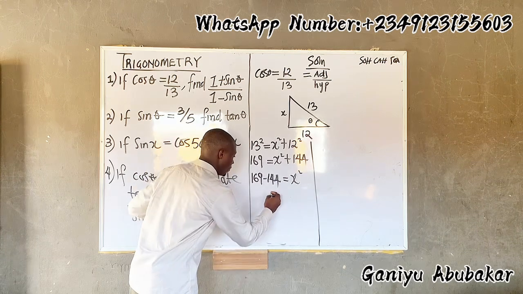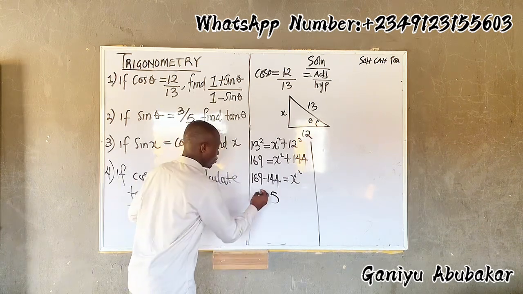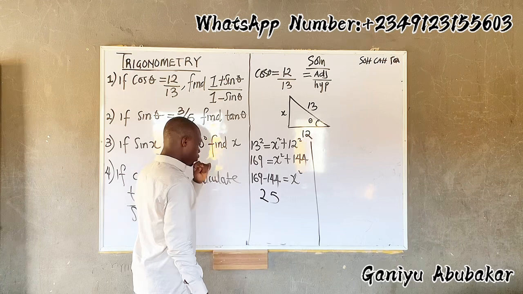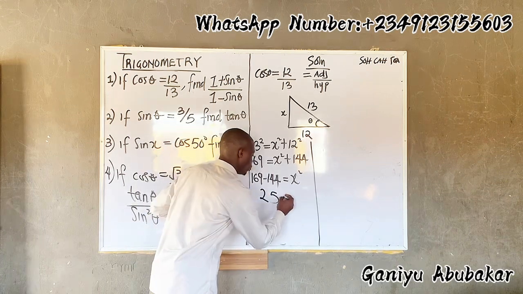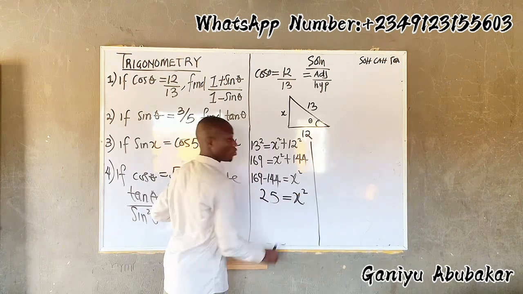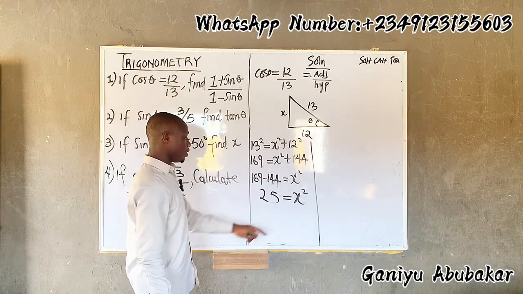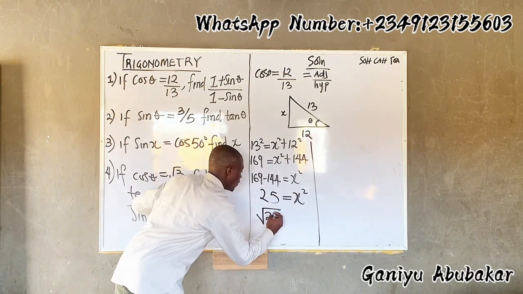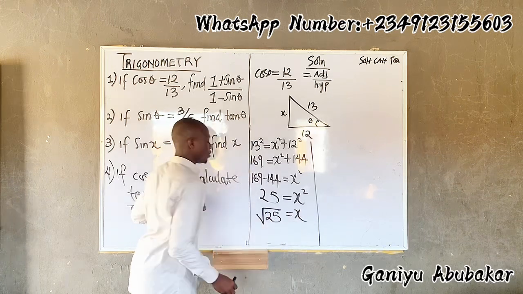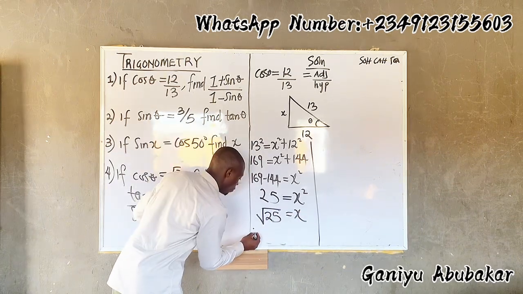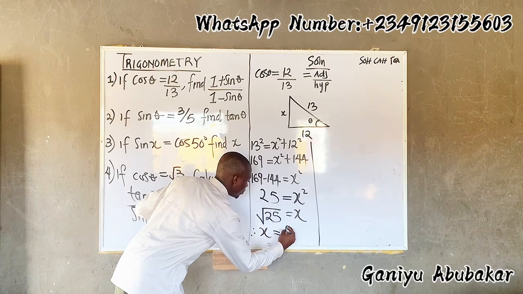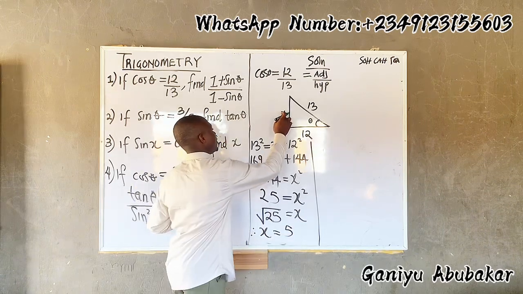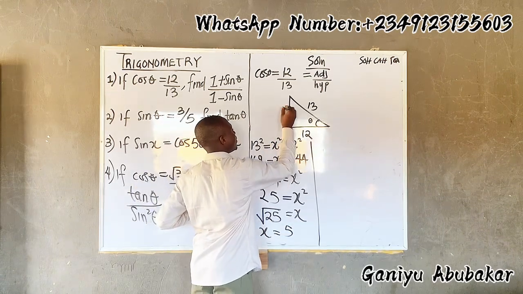So if I subtract this, I have 25 equal to x squared. Let's get x here. Take the square root of 25 being equal to x. So therefore, x is 5. So I can say that this part here is 5.